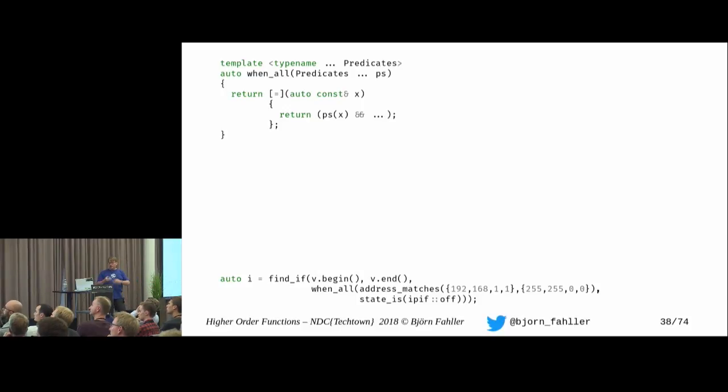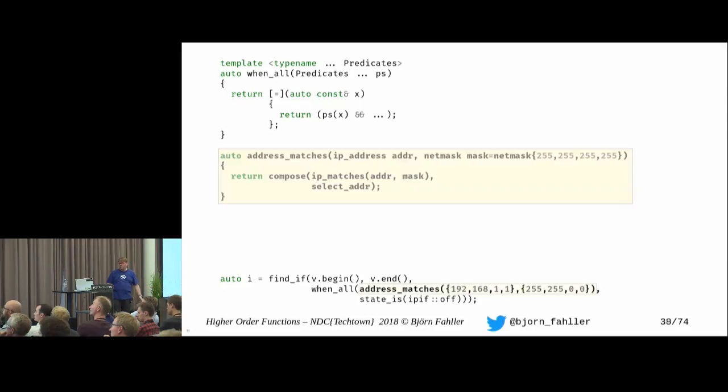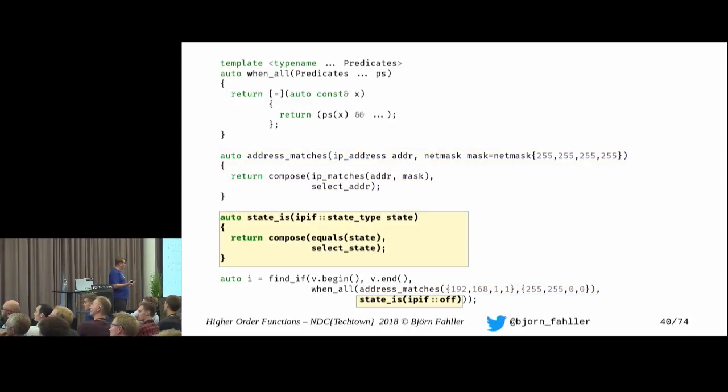In this case, we have only 2, so PS of x and ... is address matches, logic and state is. Cool. And address matches you saw before, state is of course composition.